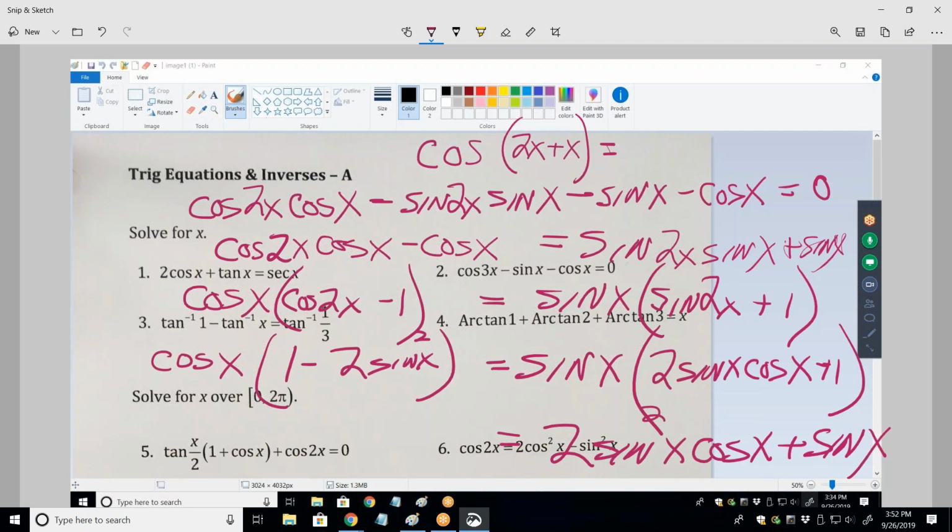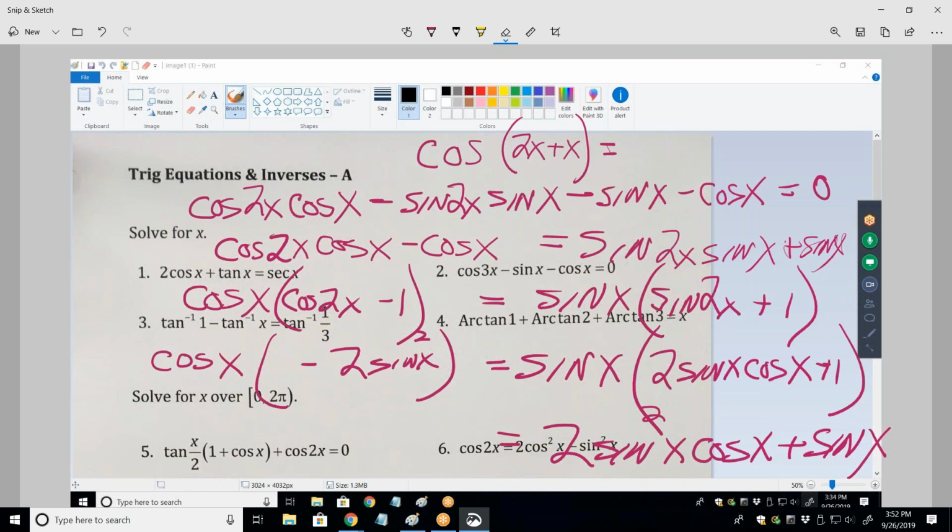Now, does that help any? And I got to subtract 1 from that, correct? That's right. I'll just take away that 1 right there. And that's what we have on the left side. So, 1 minus 2 sine squared x, and the 1's cancel out.